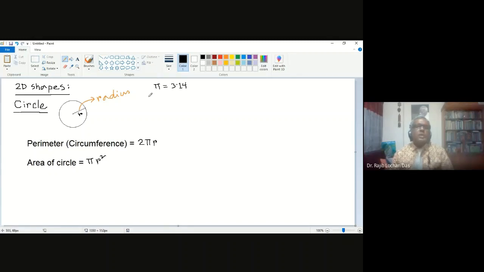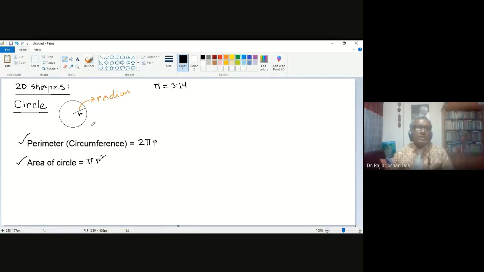So this is the value of pi. Now, if you know how big is the radius, then you can find out the perimeter and you can find out the area. That is not a big problem. Just the formula you apply and do the calculation and the answer will come. Very, very simple thing, right?